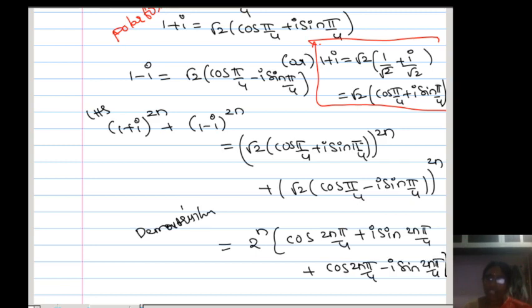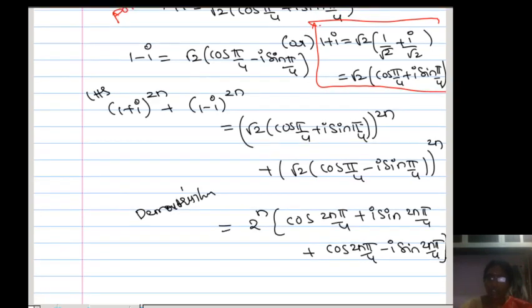I take 2 power n common outside. So if you simplify by using De Moivre's theorem, you will get this.